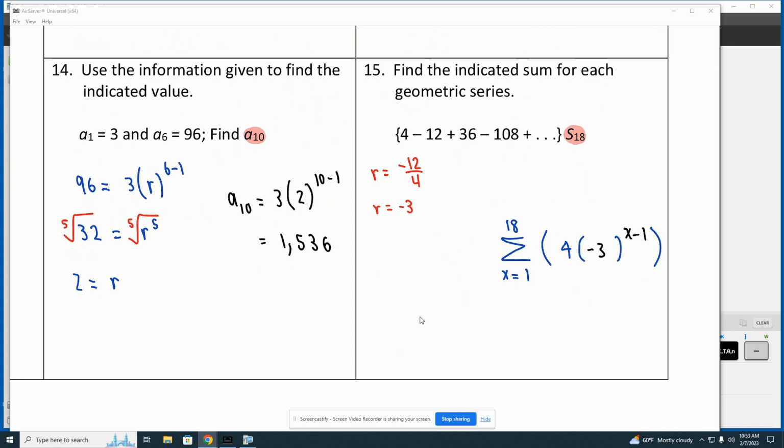You're not finding one term, you're finding the sum through the terms. So you need that x there. You need the geometric sequence. So, pretty big number, isn't it? What'd y'all get? Negative 387,420,488. And there you have it. That's it. That's all there is to it.